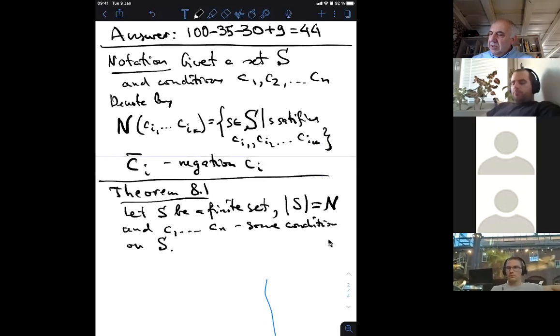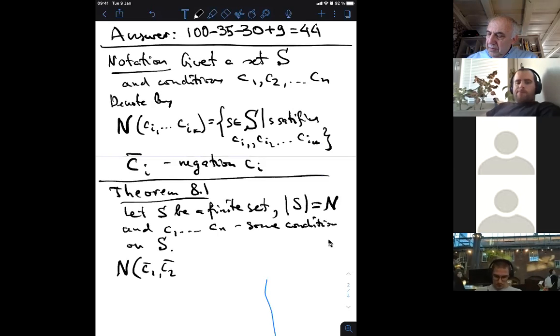So they violate C1, C2, and so on, Cn. So they are not in the union of the subsets defined by these conditions. In other words, this would be capital N of the negation of C1, negation of C2, and so on, negation of Cn. So we're looking at those elements which violate C1, C2, C3, and so on, Cn.